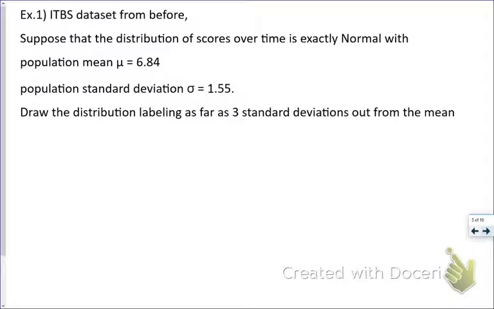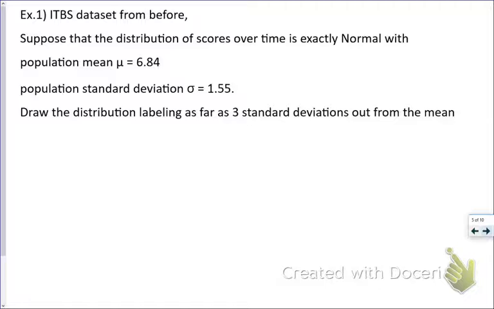Let's do one last thing to practice working with normal curves, and that's how to sketch them. Back to that opening graph of the Iowa test scores, they tell us that the mean is 684 and the standard deviation is 155. Many times a question on an FRQ problem, say part A, is to just sketch the distribution. It's recommended that you go 3 standard deviations above and below.